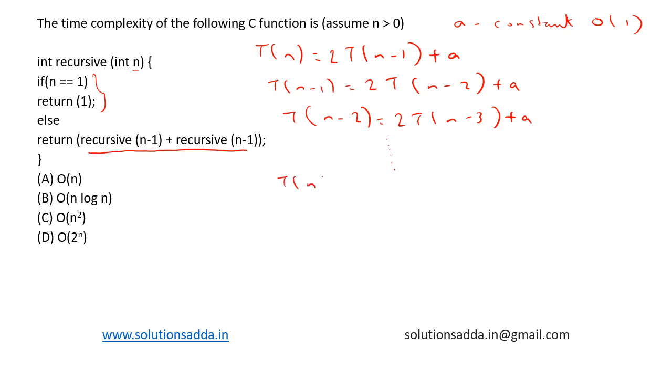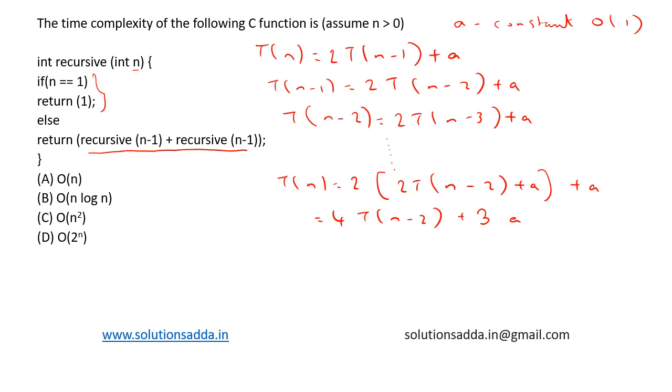Following this, we will get T of n is equal to 2 into 2T of n minus 2 plus a, which is equal to 4 into T of n minus 2 plus 3a.